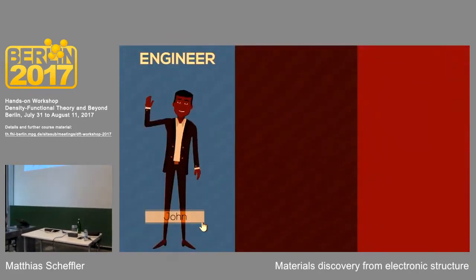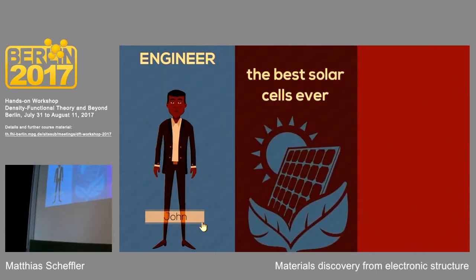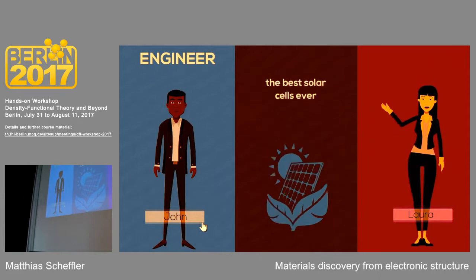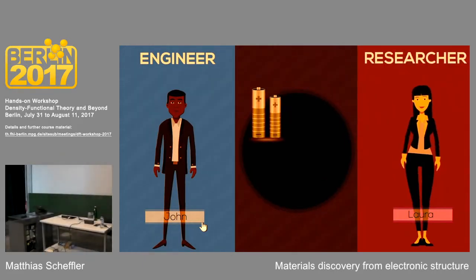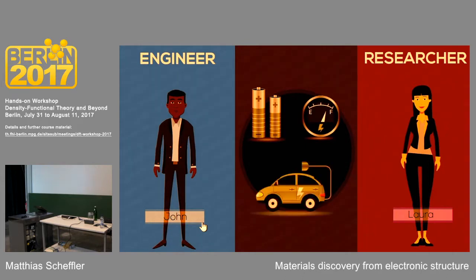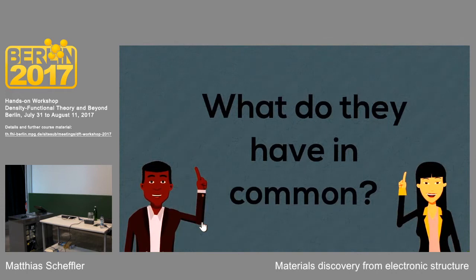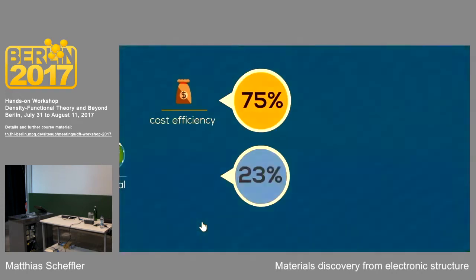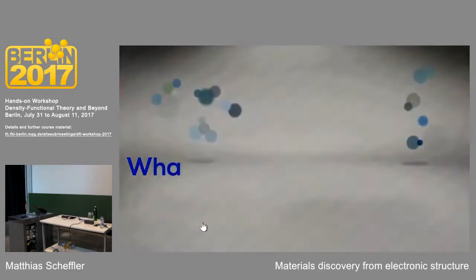This is John, an engineer in the sustainable energy field who wants to build the best solar cells ever. And this is Laura, a chemistry researcher who wants to design the most efficient batteries for the next generation of electric cars. So what do John and Laura have in common? Well, to achieve their objectives, they both need to use new high-performance materials.